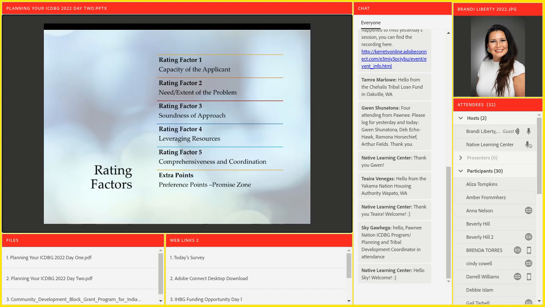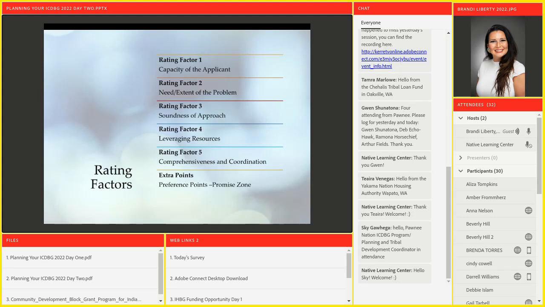And just a little refresher on the 5 rating factors. Rating factor 1, capacity of the applicant. That is where you will describe the managerial and technical experience of your staff. And by staff, I mean internal staff working within your housing authority, housing department, or tribe.